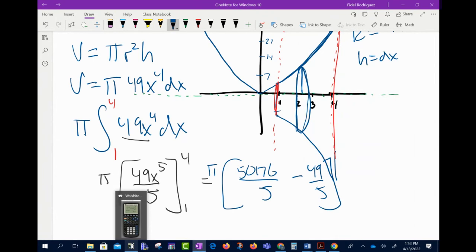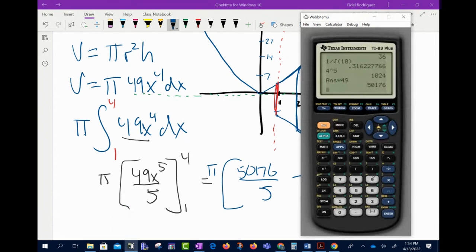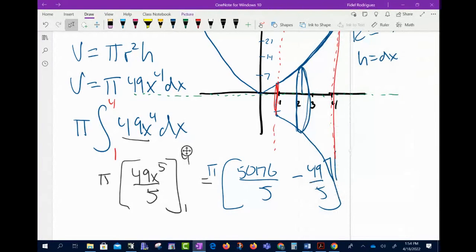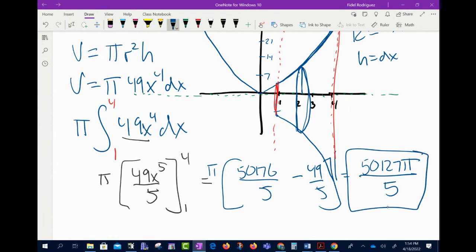Here's my pi. And then I would just subtract those two numbers. I would take 50,000 minus 176 minus 49, and I'm coming up with 50,127 with a pi all over 5. And we got it.